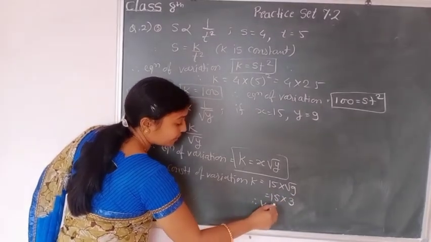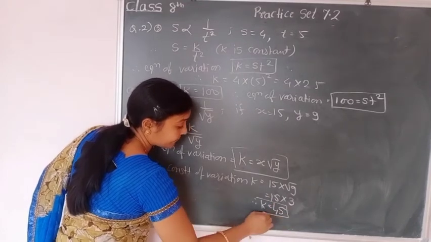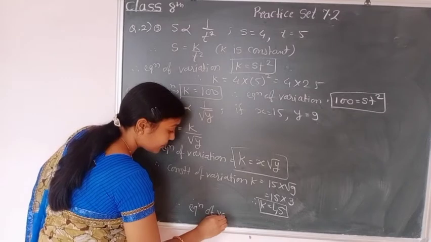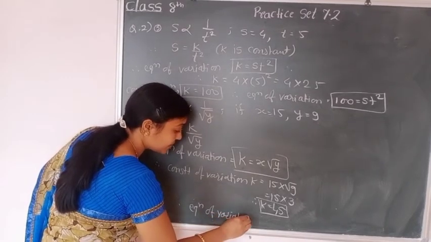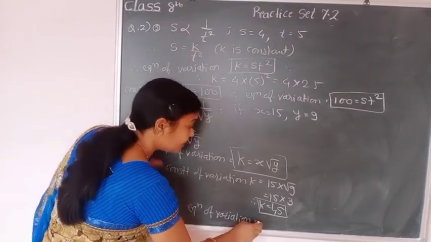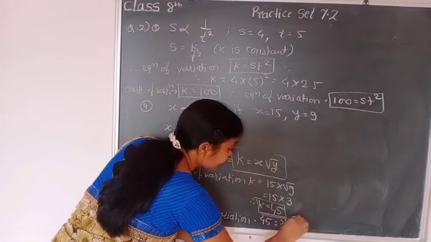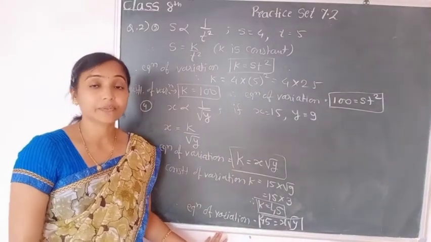Therefore, K is equal to 45. And therefore, the equation of variation is 45 equal to x root y. This is the equation of variation.